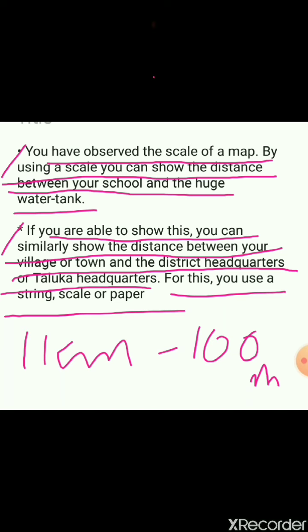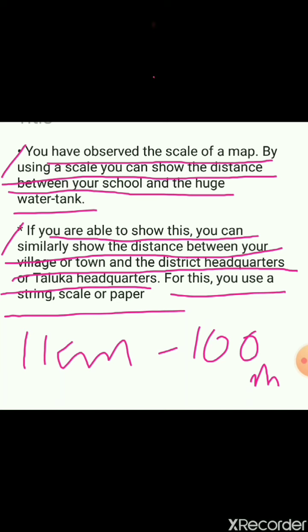Okay, so if you are able to find the distance from your house to your water tank, then it's very easy for you to find the distance between your village and town. If you live in a village, you can find how much the distance to the town is. Then the district headquarters, even the headquarters of the taluka, the distance can be easily found by you.